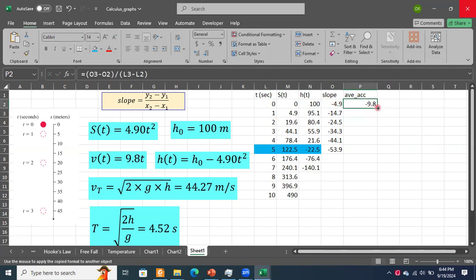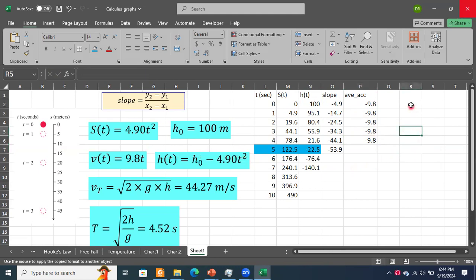This is minus 9.8, as the object was falling, therefore it is minus 9.8. And which is interestingly equal to the gravitational constant. So the second order slope is constant for a second degree model, a second degree polynomial.